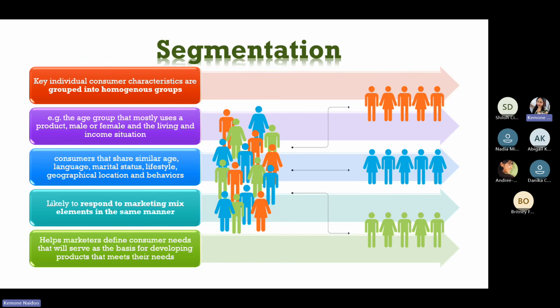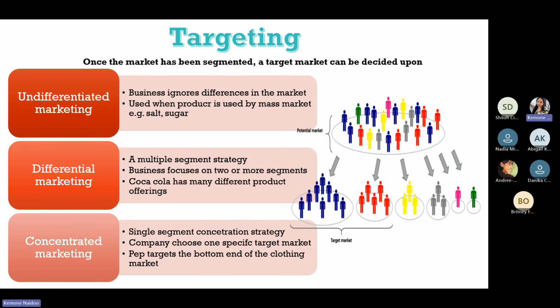So people that maybe have diabetes, people who want, like Diet Coke, for example, is for people who feel like, okay, original Coke is too much and I want to be a little bit healthier, so I'm going to grab a Diet Coke. So they do segment, but more so in terms of their products and their product range.